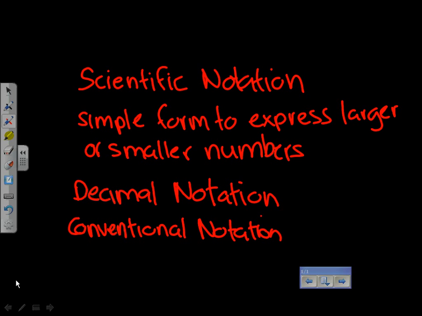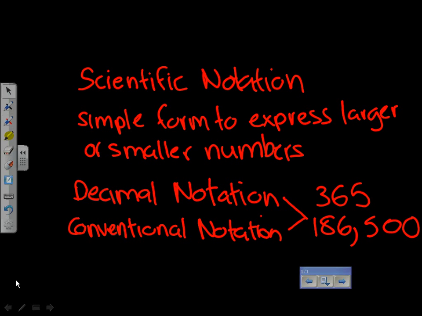Decimal and conventional notation refer just to your normal way of writing numbers. You got 365 days in a year. That's decimal notation. Conventional, 186,500. That's conventional.